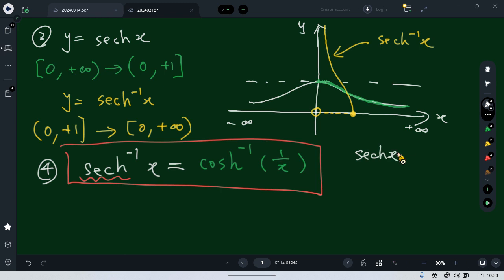the hyperbolic secant function is the reciprocal of the hyperbolic cosine function, right? We already know this. And you can find the position here. This is x, this is 1 over x, and it's also its inverse.